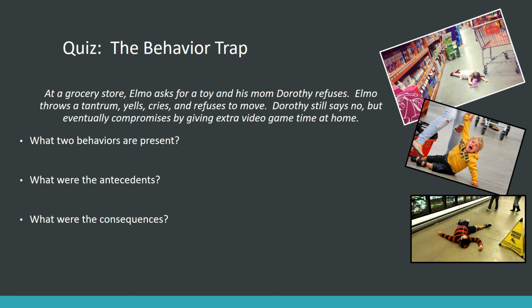So Elmo's behavior was throwing a tantrum, while Dorothy's behavior was giving a reward when they got home. So the two antecedents, one for Elmo's tantrum and one for Dorothy giving a reward when they get home. So these are the things that are happening before they decide to engage in those behaviors. So for Elmo, what do you guys think?